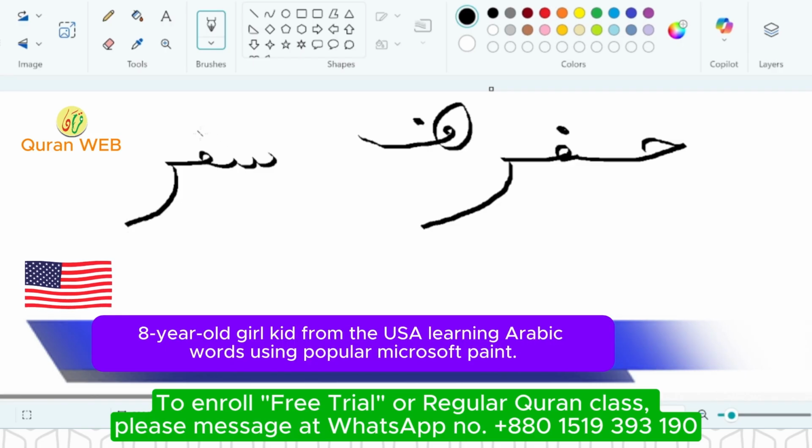Now say together. Now say this word. I need help. Sure. What is the first part here? The first part looks like this one?